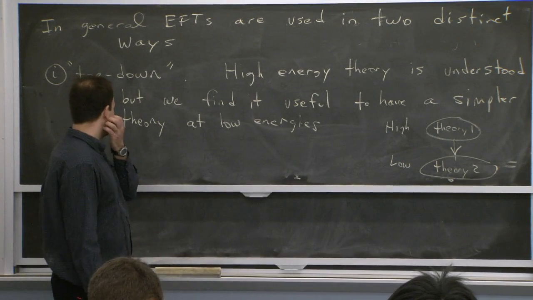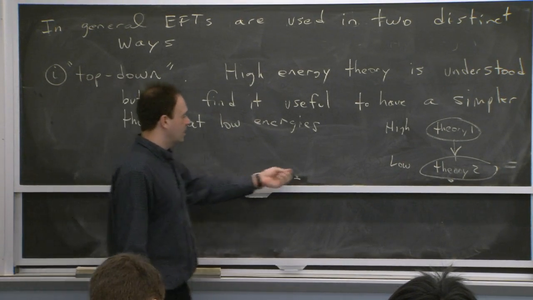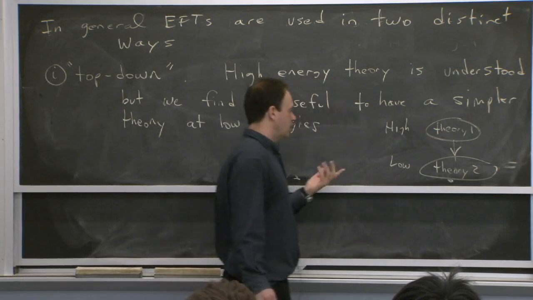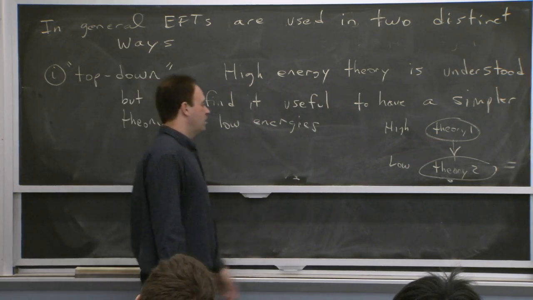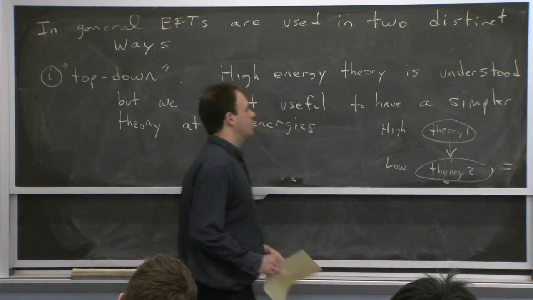Well, in this case, it's kind of nice because we can actually use the fact that we know this theory 1 and can do calculations in that theory 1 to even think about constructing theory 2.